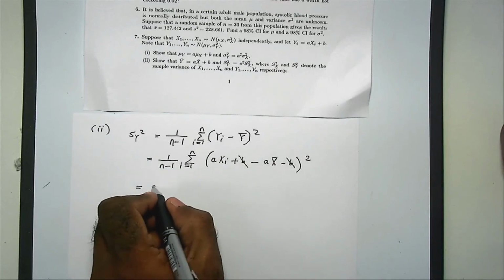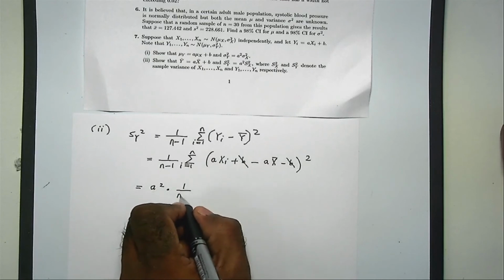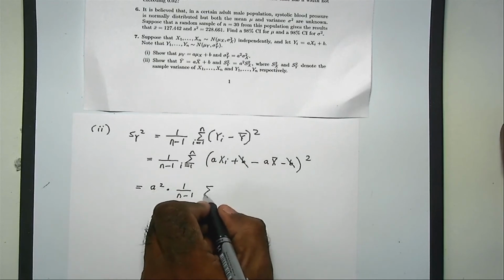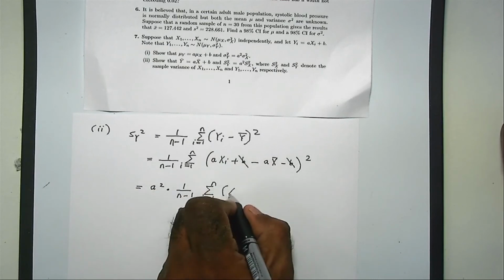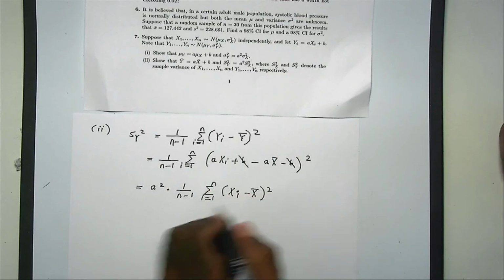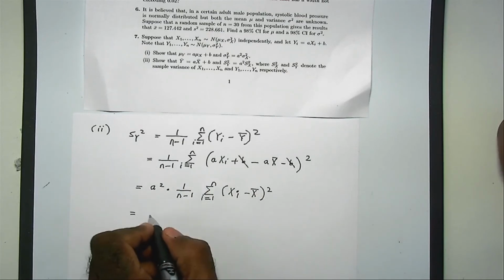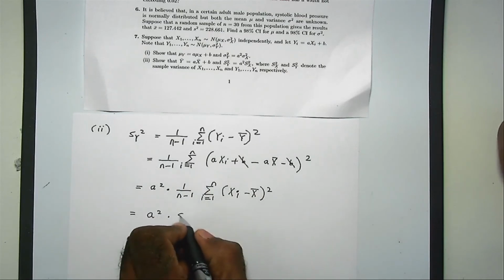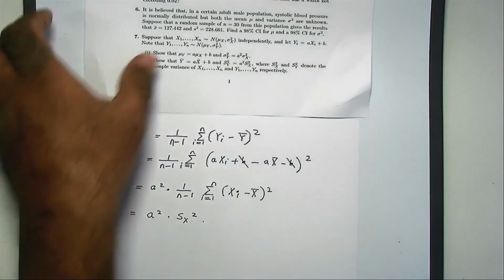So you get a squared times 1 over n minus 1 times the sum. Now what you have here is the sample variance for the x's. So this is a squared times s_x squared. So that completes part 2 of question 7.